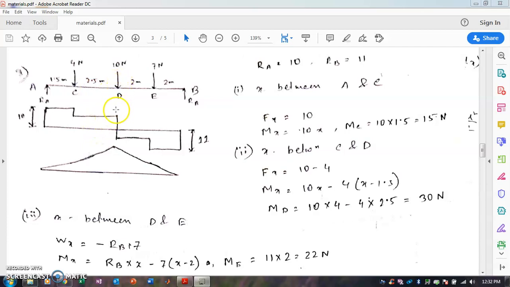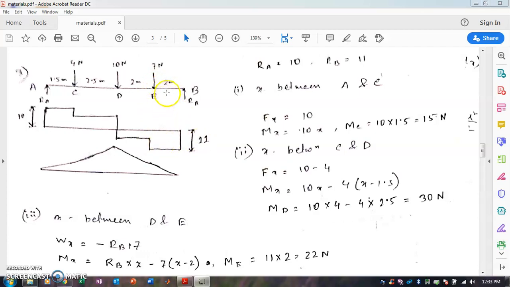At point D it changes, because if we cross point D, then there will be minus 10. So it will be 6 minus 10 equals minus 4. So at point D it goes from plus 6 to minus 4. Then if we move towards point E, it will remain minus 4. Then at point E it will again change its sign.